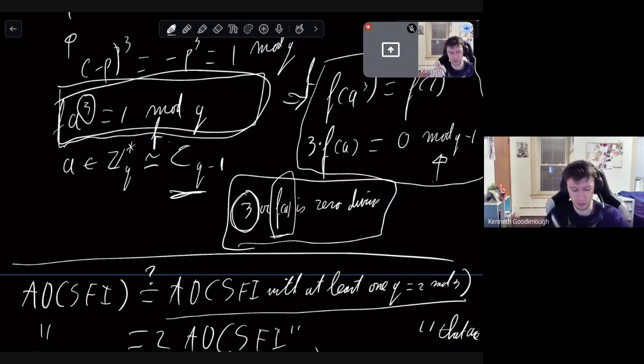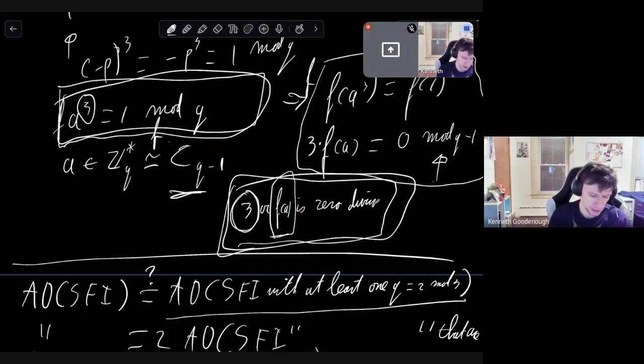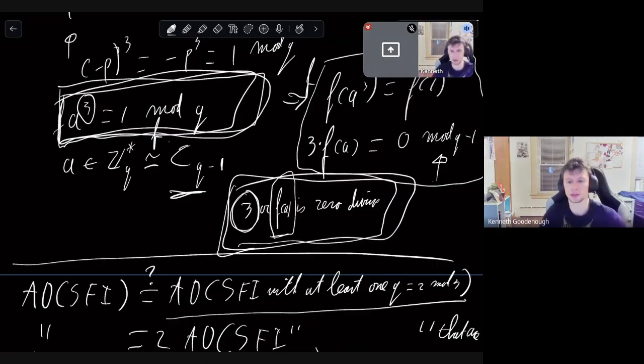That was the key property that I used here, right? We had here a to the power 3 equals 1. Since this is a cyclic group, we can think of this as we have some element, let's say x, in Z_q minus 1, and when we multiply this by 3, we want to get back 1.